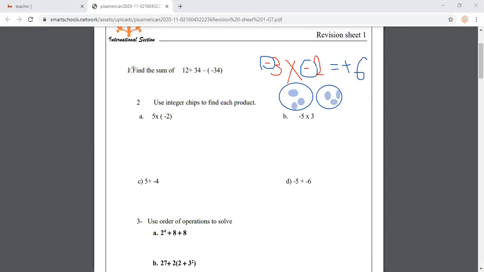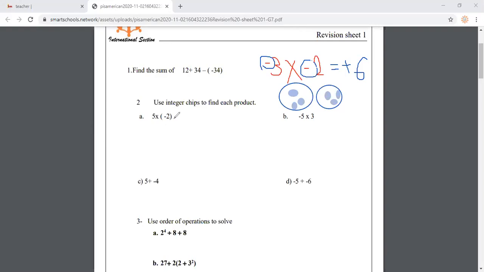Okay, then for any question related to multiplication, if you want to work with algebra, with integer shapes, take care about the second number, because it will guide us to know how many times you are going to repeat the first number. If the second number is negative, we will transfer the sign to the first number.